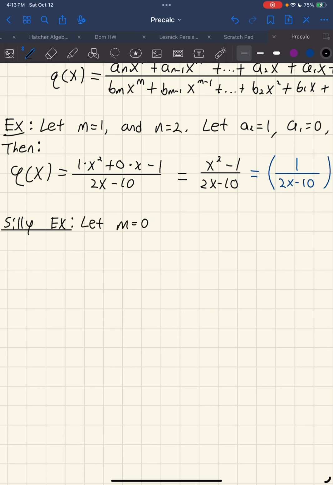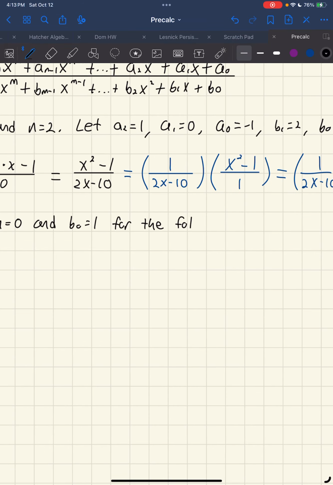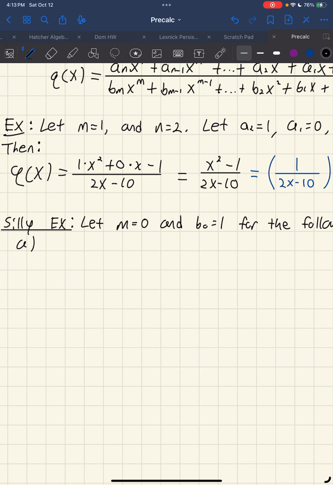So let's let m equal 0 and b naught equal 1 for the following two examples. We'll have n equal 2, and then, just to make it easy, a2 equal a1 equal a0 equal 1.